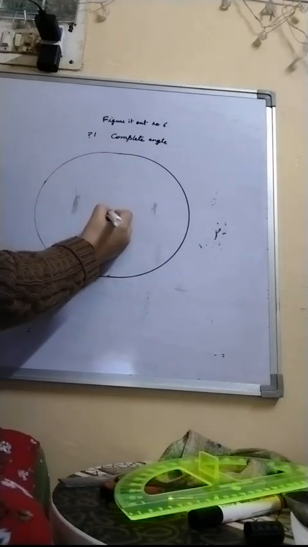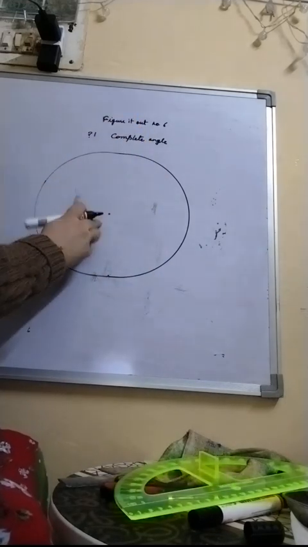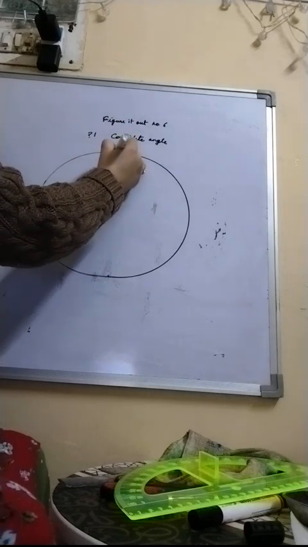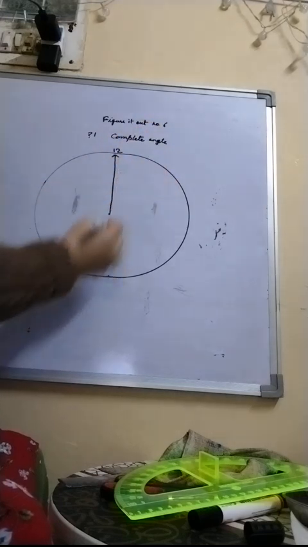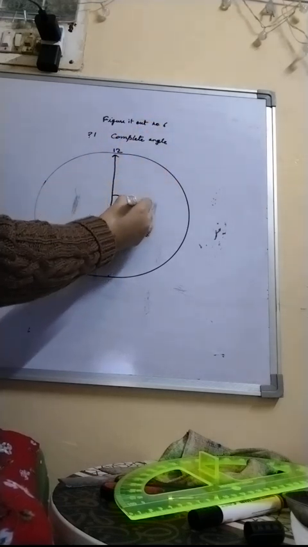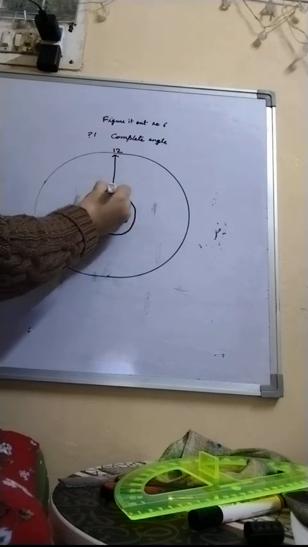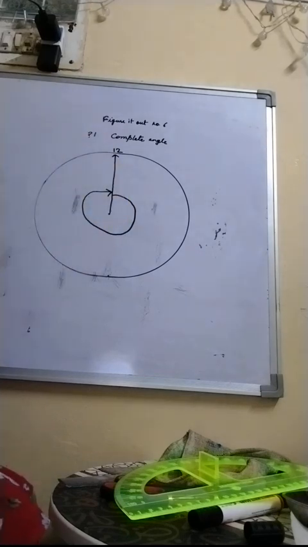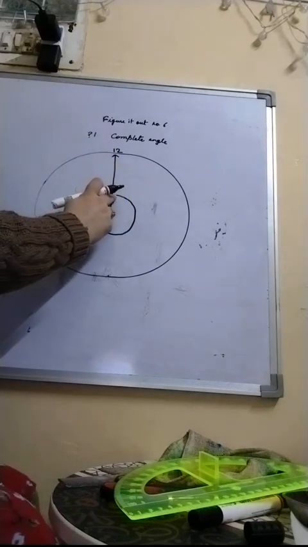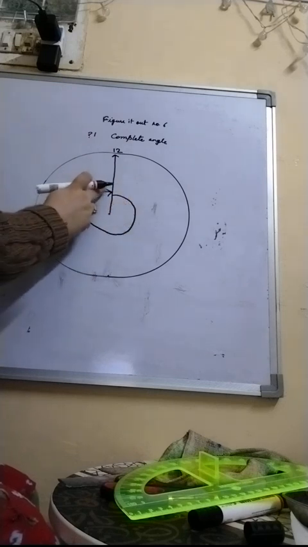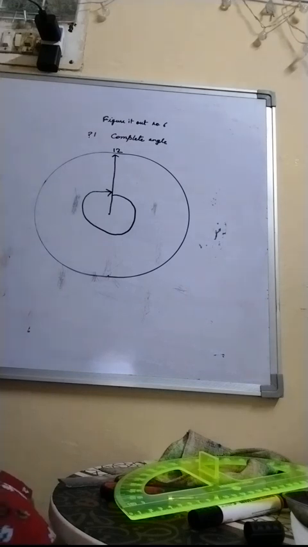Now when the minute hand starts with the 12 reading and turns and comes back to 12, like this, the minute hand is starting from 12 and coming back to 12.